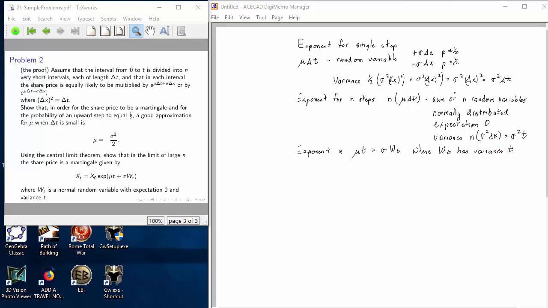So that gives the expression for x sub t at the bottom of the problem. It does say, however, to show that it's a martingale. Fortunately, we did that last time. Or not last time, back in class 19.